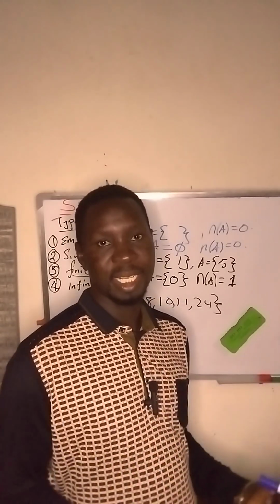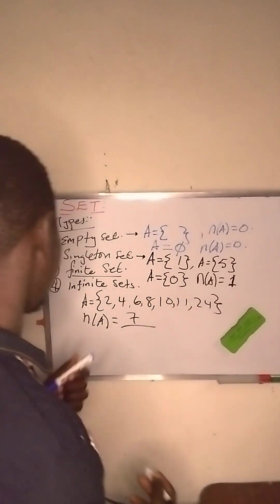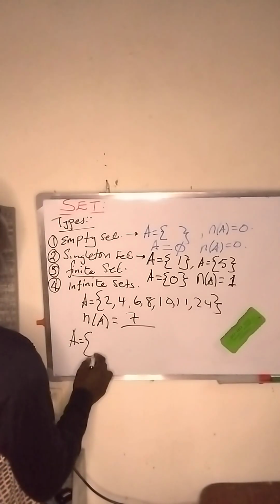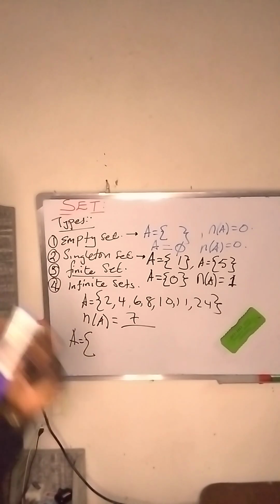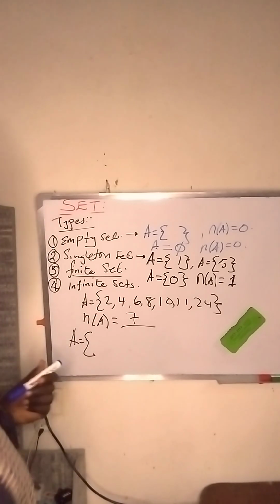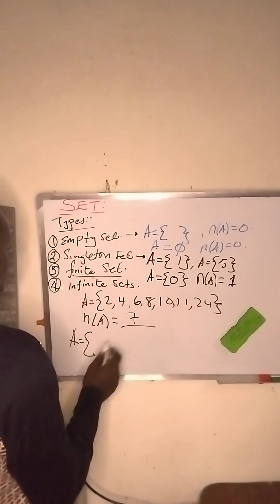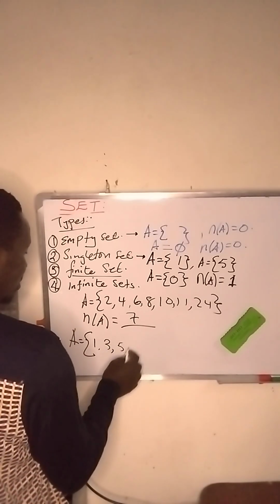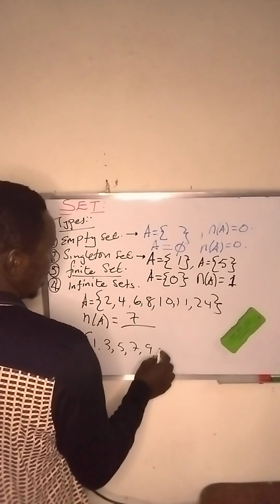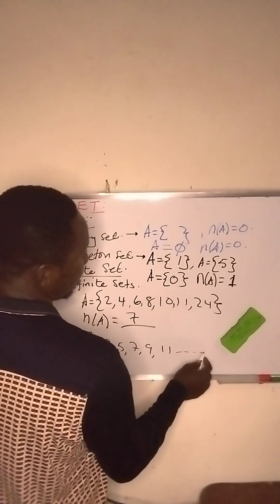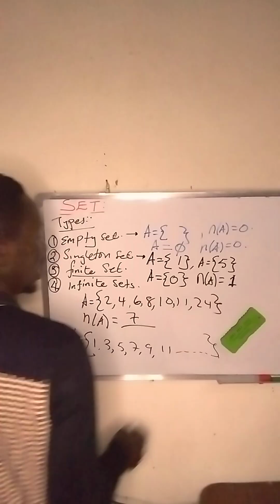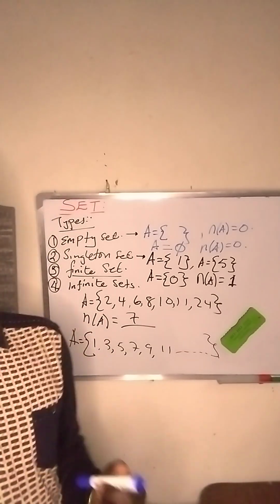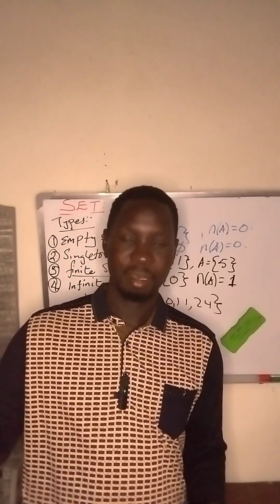And how do we represent these on a set? For example, if we have set A, and they say it is a set of odd numbers, it means you can write 1, 3, 5, 7, 9, 11, up to infinity, because you cannot count all odd numbers and complete them.